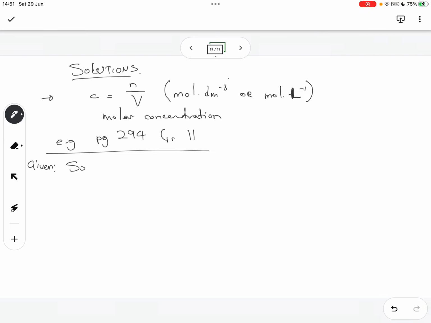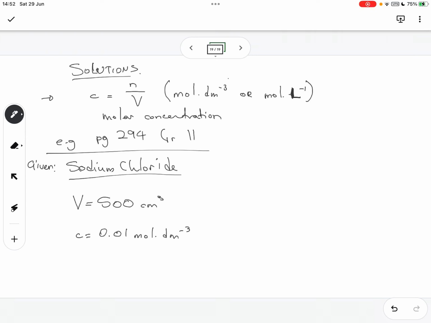So now we've got sodium chloride, which is given, and we must work out the amount that we need so that we can prepare a 500 cubic centimeter volume of standard solution that has a concentration of 0.01 moles per dm cubed.